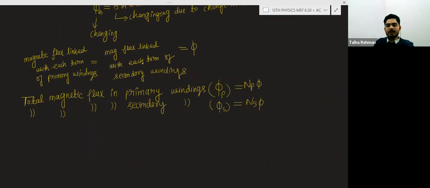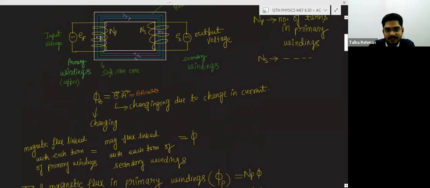Now, EMF induced: as the flux is changing here also, in the winding there will be an induced EMF.